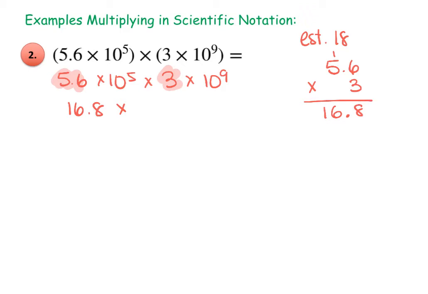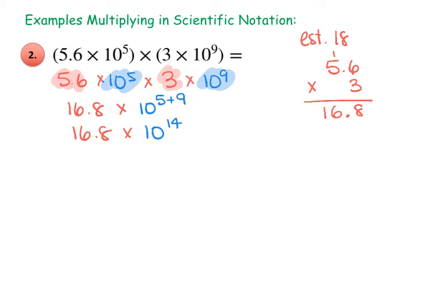We've got to figure out what the exponent is now, because if we notice here, it's 10 to the power of 5 and 10 to the power of 9. So now I can just add up those exponents. So 10 to the power of 5 plus 9 is going to give me 16.8 times 10 to the power of 14. And then, am I finished here? Well, I have to pay attention. Is my answer in scientific notation?